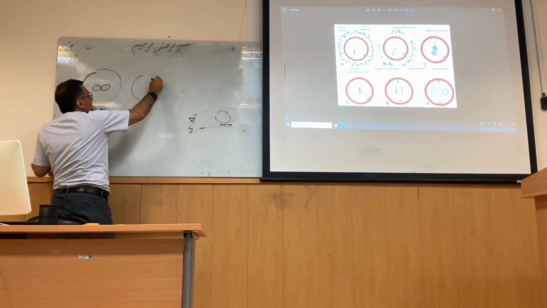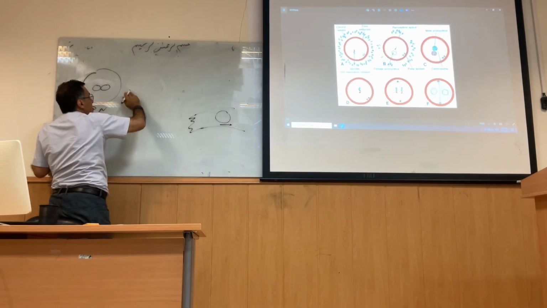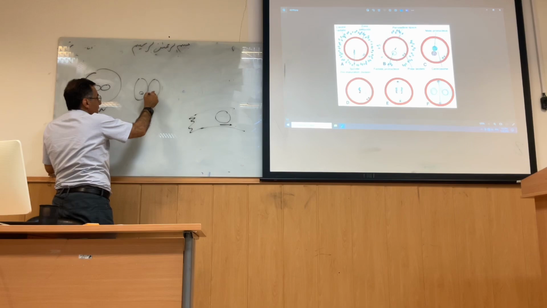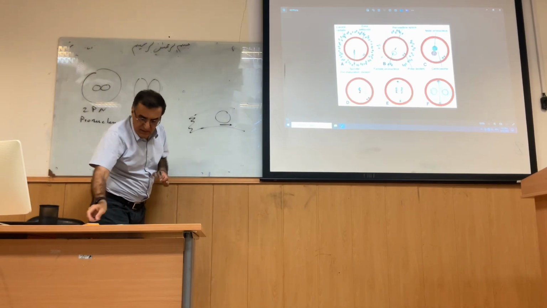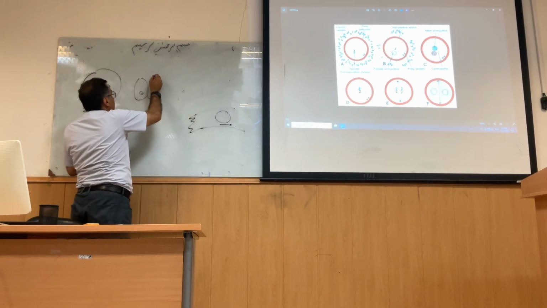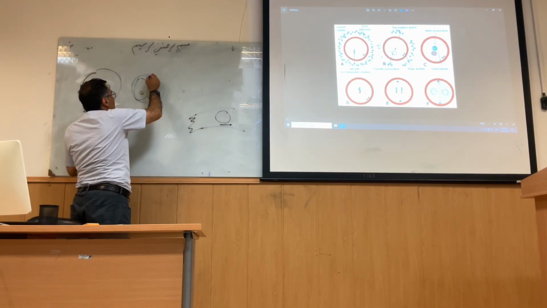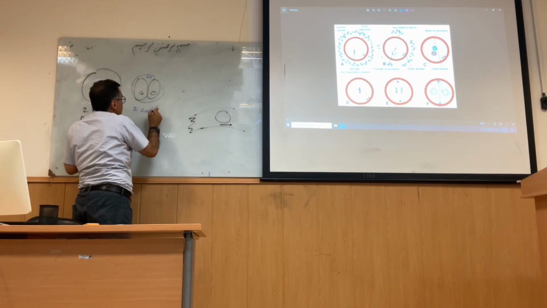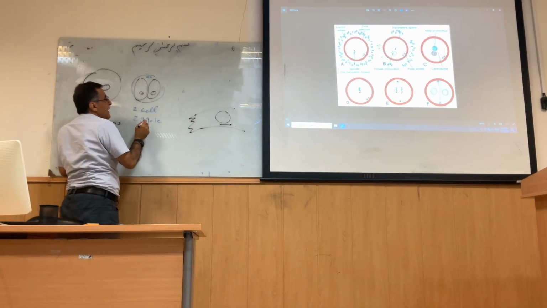And in the first steps, we have the two blastomeres. This is the two cells zygote. Okay?